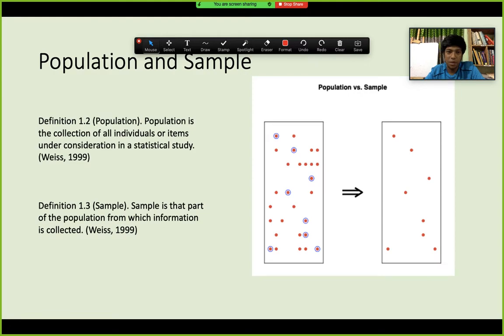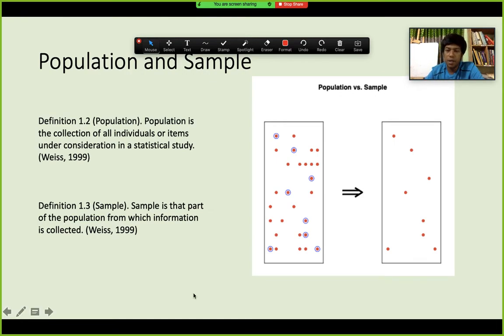Okay. Now the definitions: population and sample. Population is the total amount of all the people, or all the things that we are trying to study. This is called the population, the entire thing.